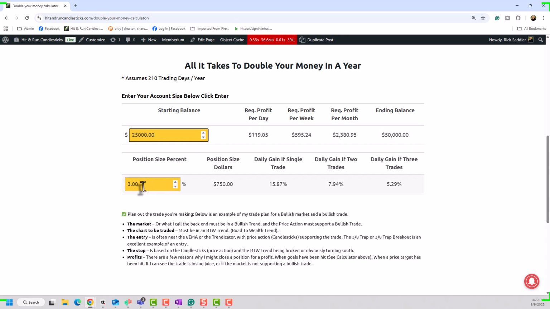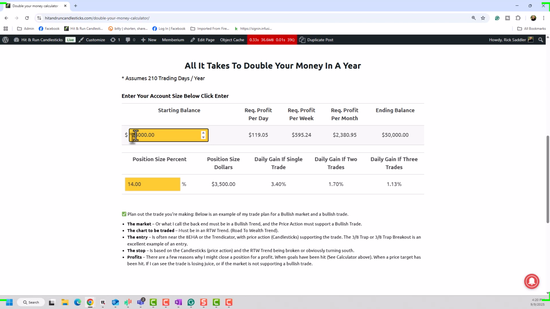And then you can adjust how much you want to risk right in here. So again, you've got to be honest with yourself. How much money do you want to risk? Say you're looking to risk 14%. Then you can see on 25,000 how much money you'd have to risk, right?